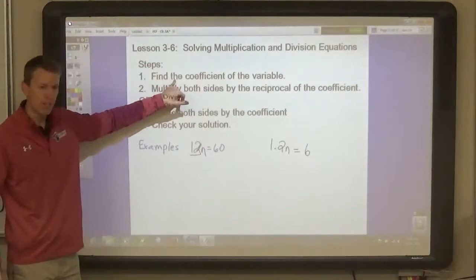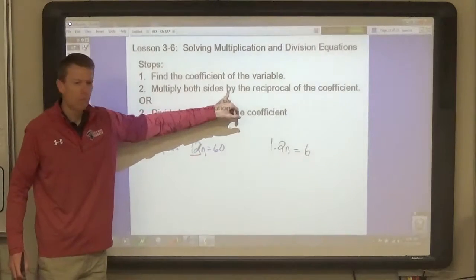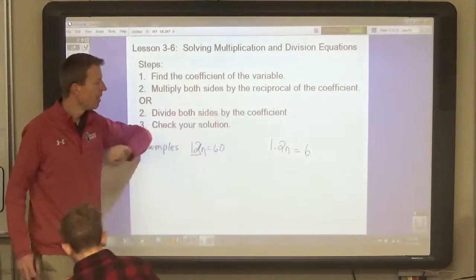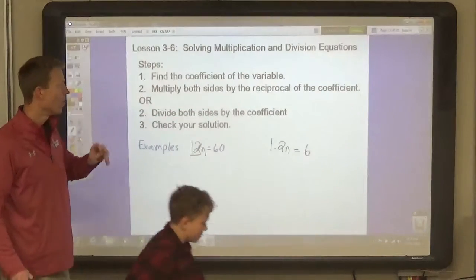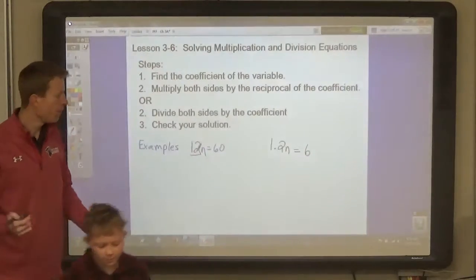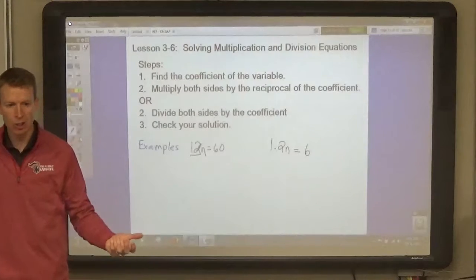So, once you find the coefficient of the variable, then you multiply both sides by the reciprocal of the coefficient of the variable. Okay? Now, remember, multiplication and division are kind of the same thing. If you are multiplying by 1/2, it's the same as dividing by 2.